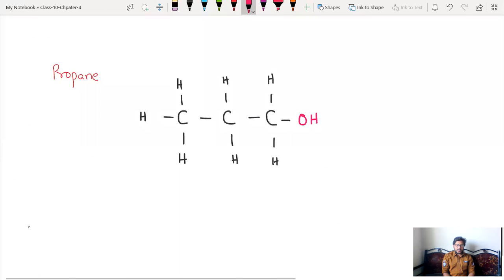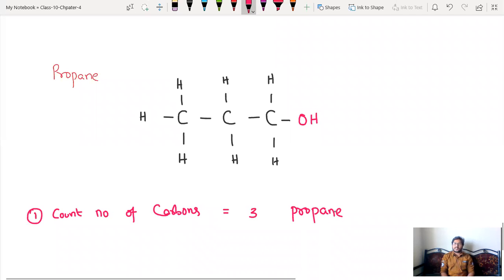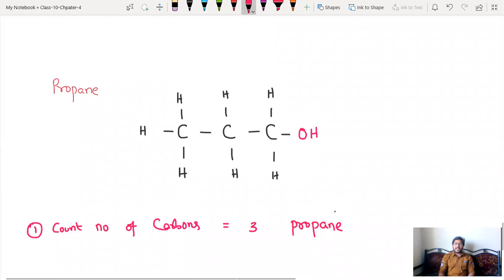So that is the first point: count number of carbons. How many carbons are there? 3. If it is 3, meth, eth, prop. So we will get prop, or propane if we assume that hydrogen is present.